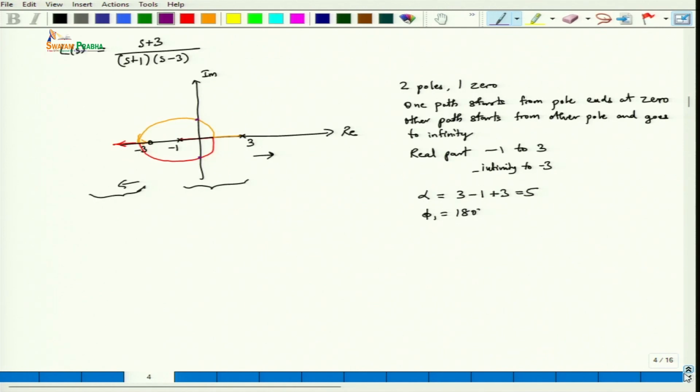Now this kind of a controller will be something of the form k into s plus 3, which, if you see from what we have studied in the previous class, represents a PD controller. So here this k into 3 represents a proportional gain, and this just k represents the derivative gain.